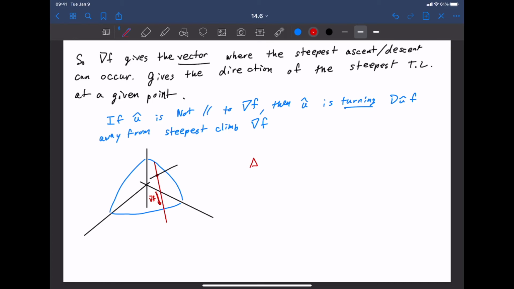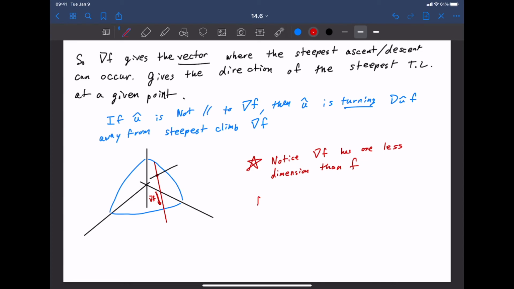We'll also notice that the gradient of f has one fewer dimension than f. f is a 3D surface in this case. The gradient of f lives in the plane.